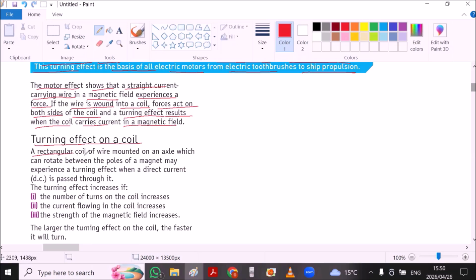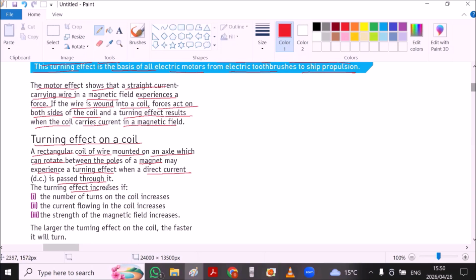A rectangular coil of wire mounted on an axle which can rotate between the poles of a magnet may experience a turning effect when a direct current or DC is passed through it.